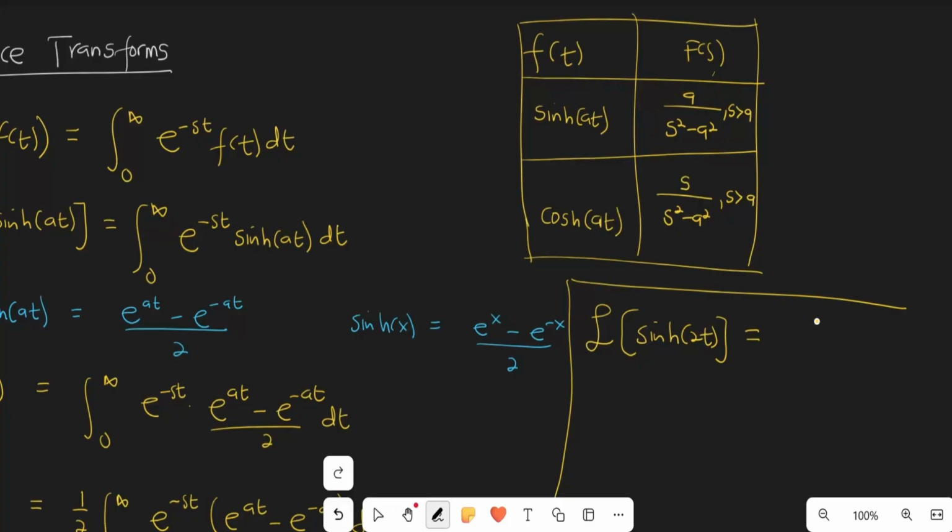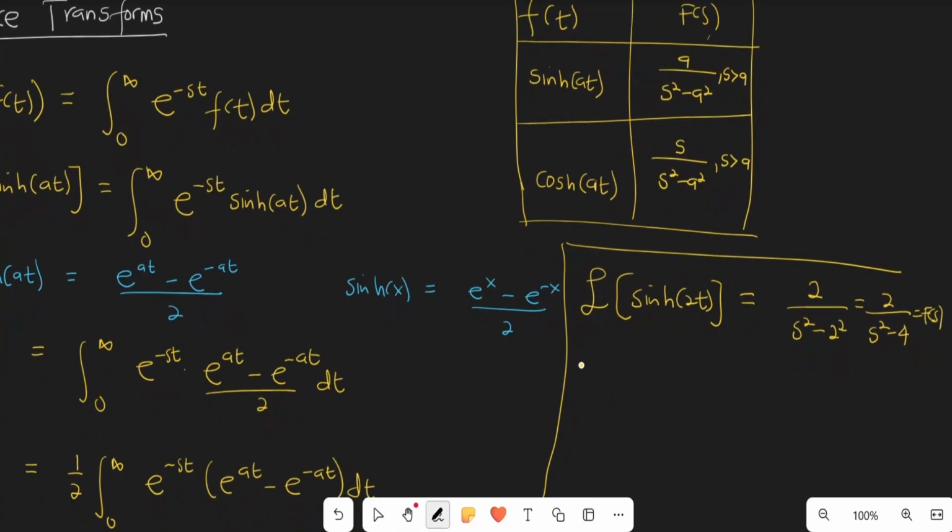So a is 2, so that is going to be 2 divided by s squared minus 2 squared. So that is equal to 2 all over s squared minus 4. And this one is the same as capital F of s. So the Laplace transform of the sine hyperbolic function of 2t is 2 all over s squared minus 4.